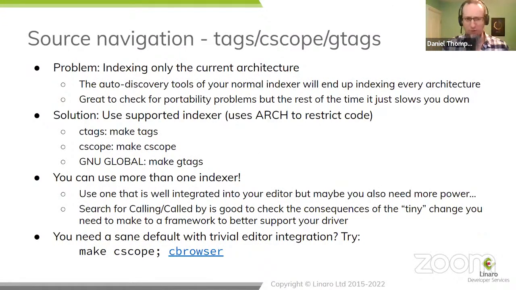You're not limited to using just one indexer. You can use the one built into your editor and one of these if one of these helps you see further in particular cases. In particular, things like cscope allow you to look for the calling and called by relationship, which can be quite useful when you are investigating stack traces or the reaction between certain functions.